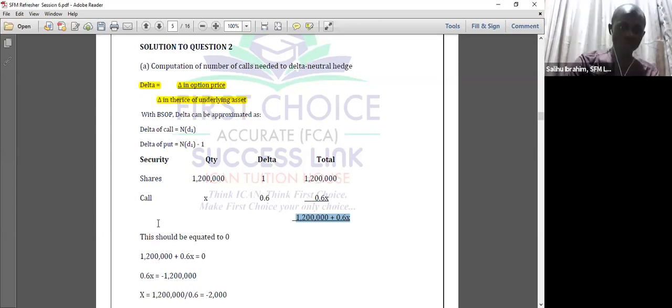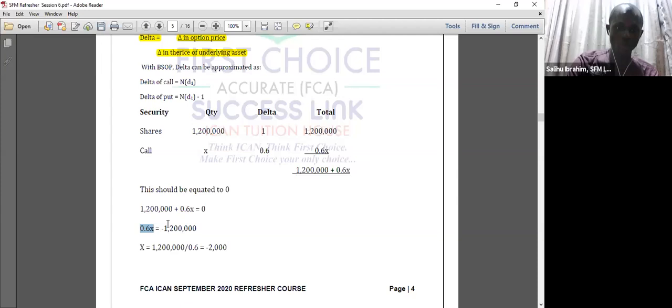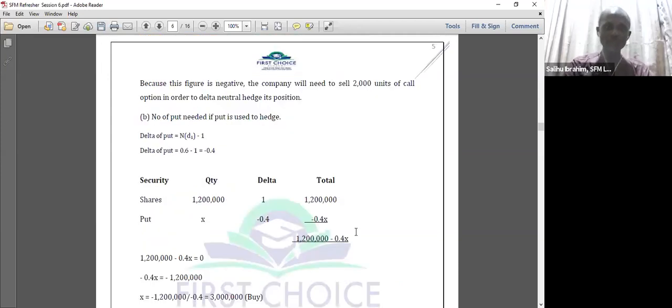So plus 0.6x is equal to, we carry the negative, minus 1,200,000. Divide both sides by 0.6. Minus 2,000,000 call options.